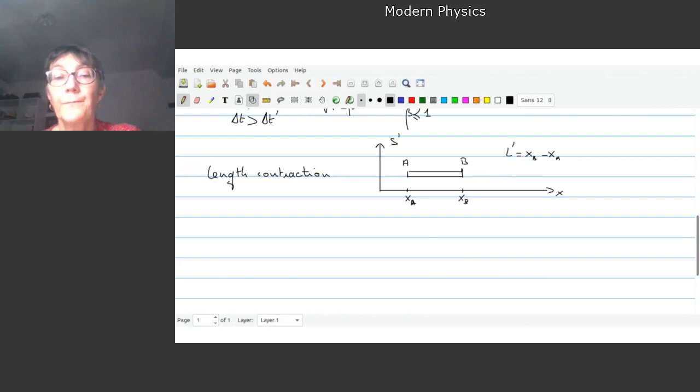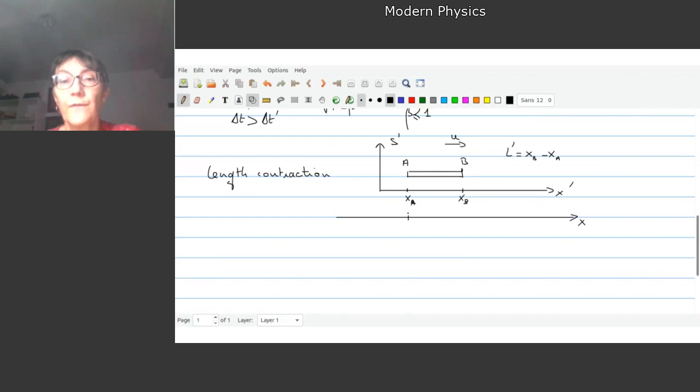You can write it this way because the object is at rest in this referential. Now you are this person, and you are here on the platform. How can you measure the length of an object which is moving in relation to you?